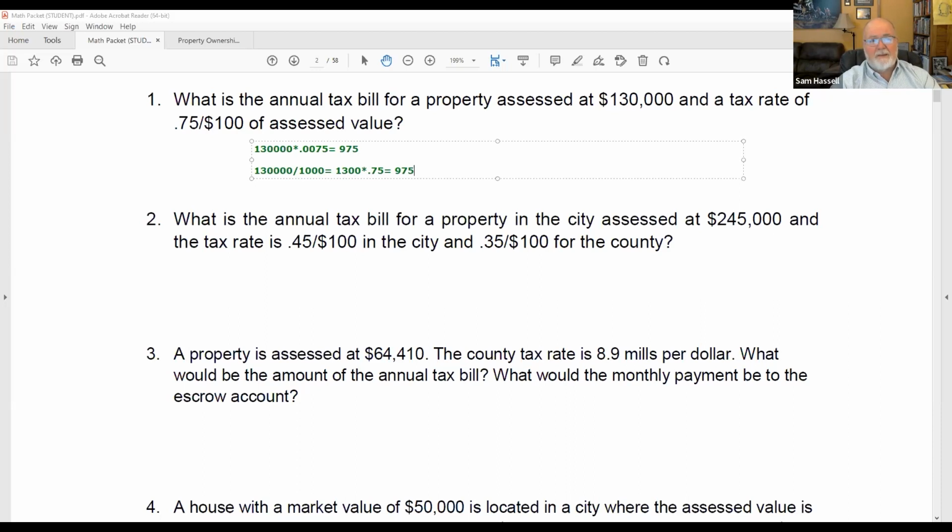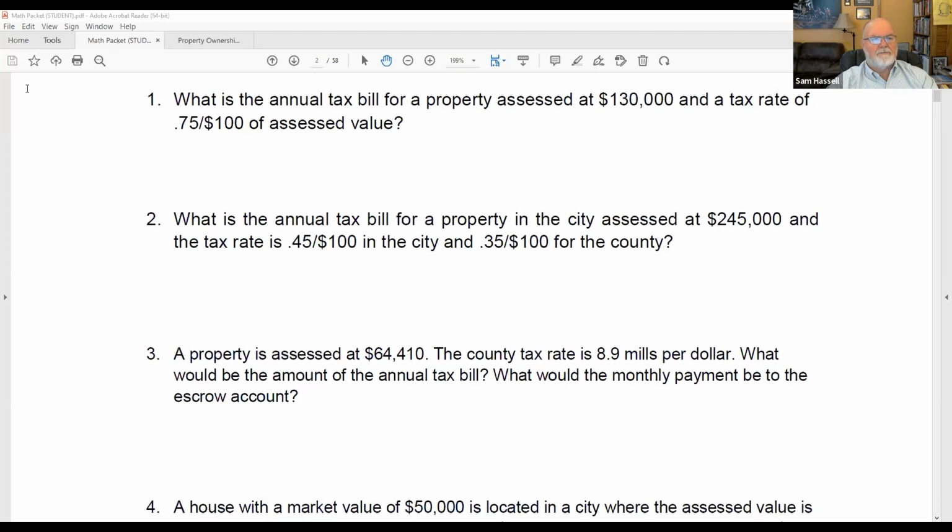Either way, depends on what you want to divide by 100. I apologize, I said 1,000, I should have said 100. Either one is right. It's just to show you that you can do it either way. So don't be afraid of that.